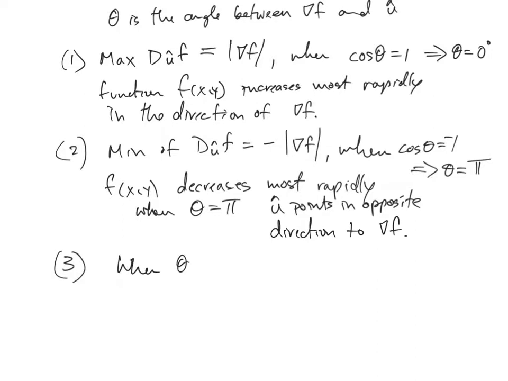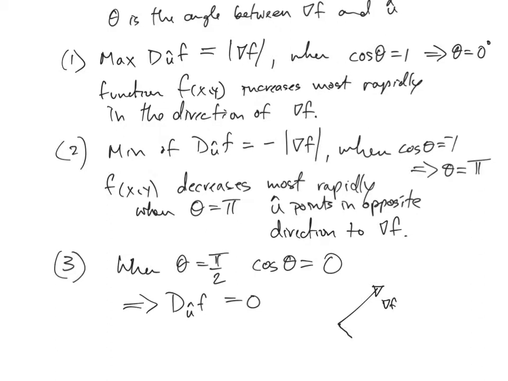When theta equals pi by 2, the cos of theta equals 0, which means your directional derivative is 0. Your function isn't changing in that direction, okay? Which means if my gradient vector is pointing in this direction, and I find the directional derivative in that direction, I get 0.